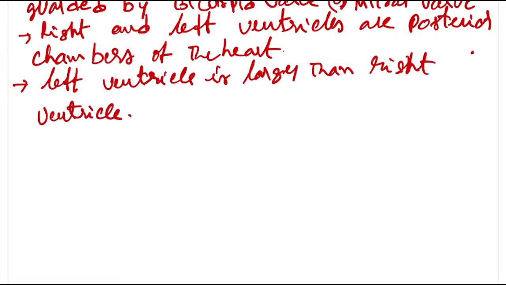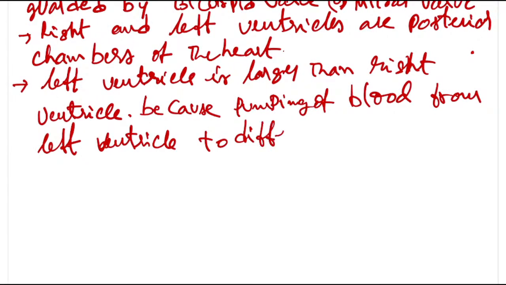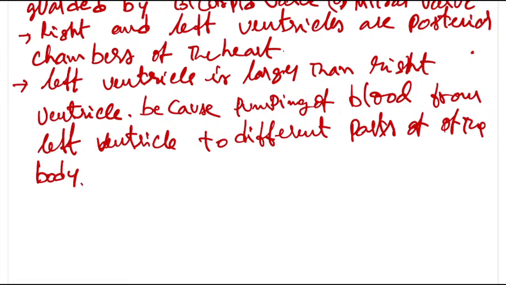The left ventricle is larger than the right ventricle because of pumping of blood from the left ventricle to different parts of the body, or different organs of the body.